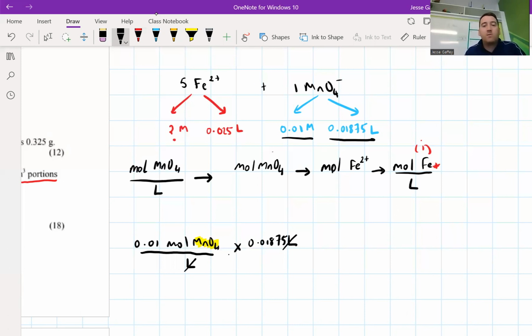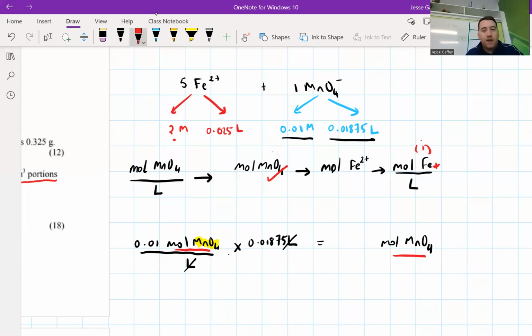That's the moles we use per titration. So we're going to get a number of moles of MnO4, which is what we were trying to get to here. Moles of MnO4, because that's all that's left; the liters are cancelled out. So we know we're on the right track. We'll pause the video and work out that problem.